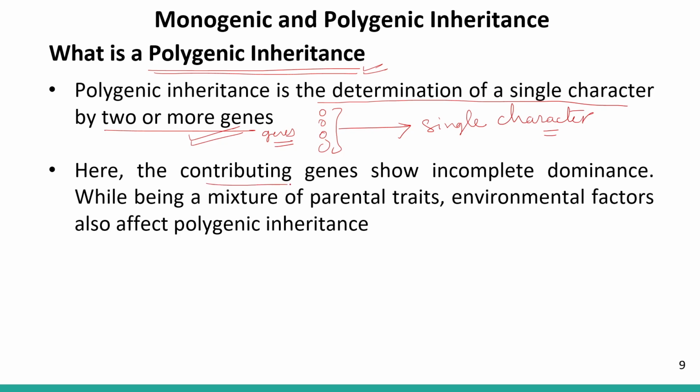Here the contributing genes show incomplete dominance. While being a mixture of the parental traits, environmental factors also affect polygenic inheritance. So environmental factors also play a very important role in polygenic inheritance, right?